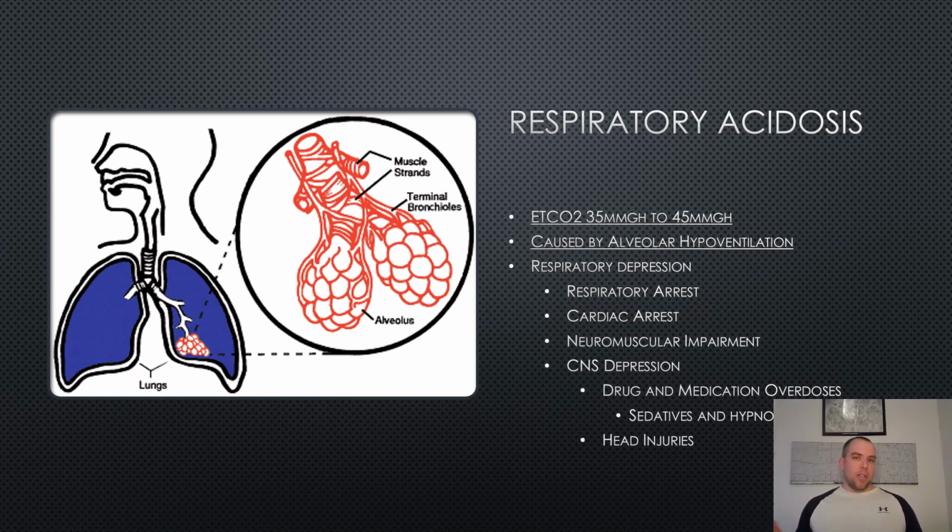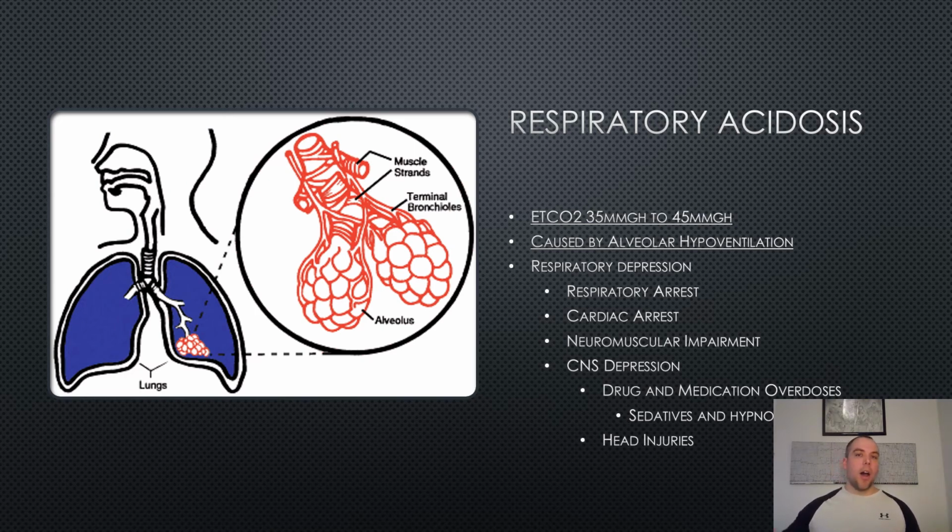How would we know this is happening? We can measure EtCO2. So once that EtCO2 goes above 45 millimeters of mercury, you are considered to be in respiratory acidosis. Okay? The higher it goes, the worse the respiratory acidosis is. You might notice a discrepancy between pH and EtCO2, and I had mentioned this earlier.